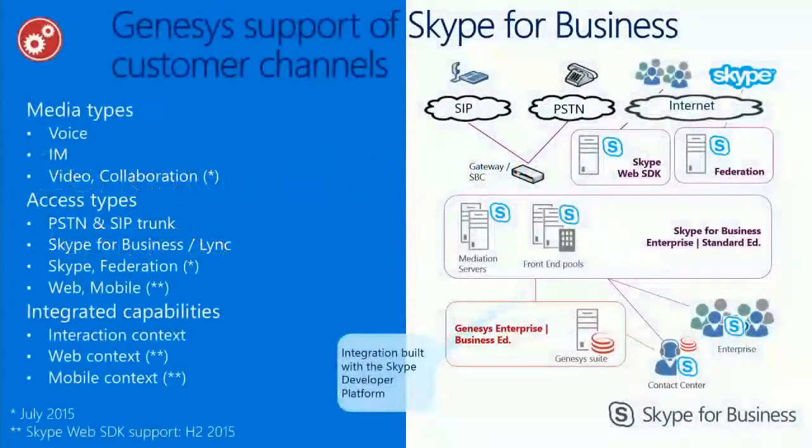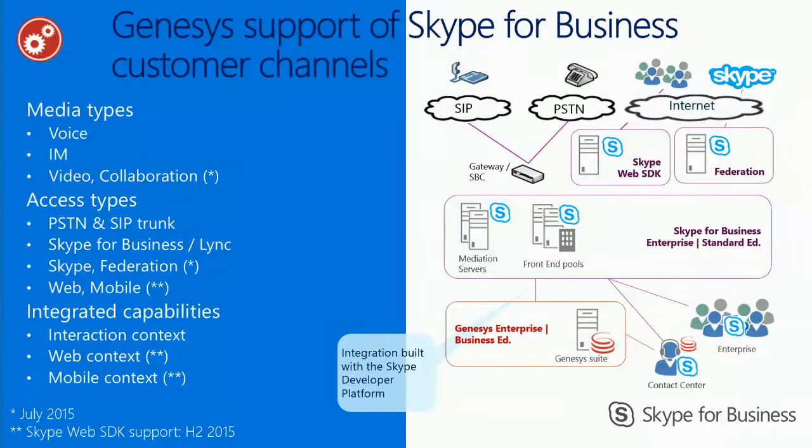So what we have here is a picture of the channels and the modalities that we support in integration with Skype for Business. Clearly, you can get into the contact center, into the platform from traditional ways, like the telephone network or voice over IP SIP network, and this goes through a gateway, and then it will end up into the Skype for Business mediation server.